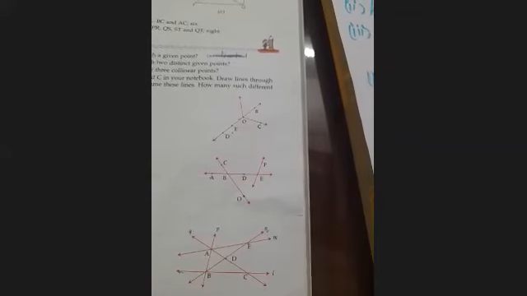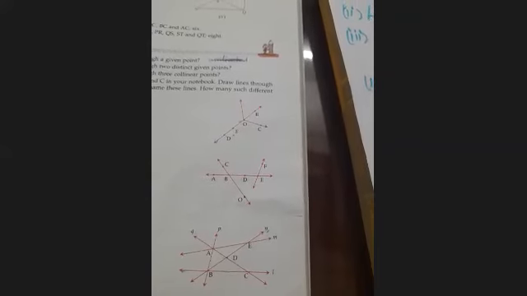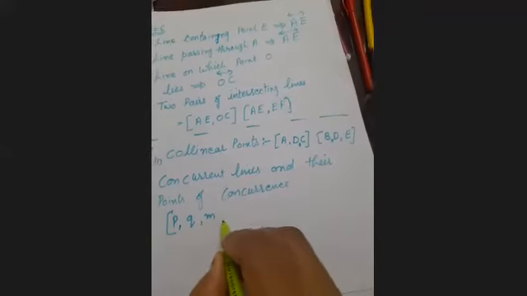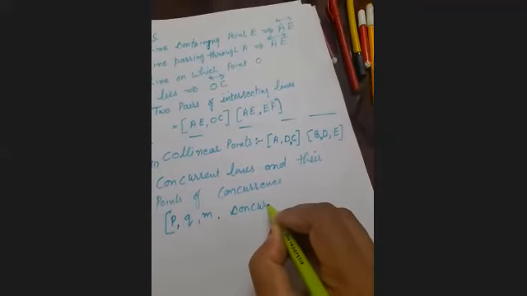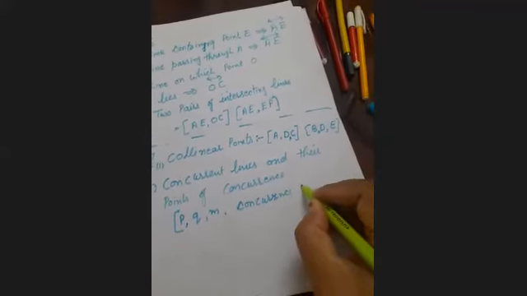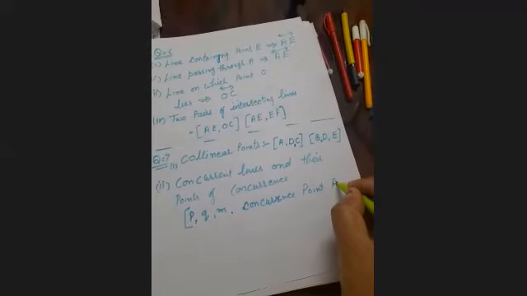First pair is line P, Q, and M, and the concurrent point is point A.